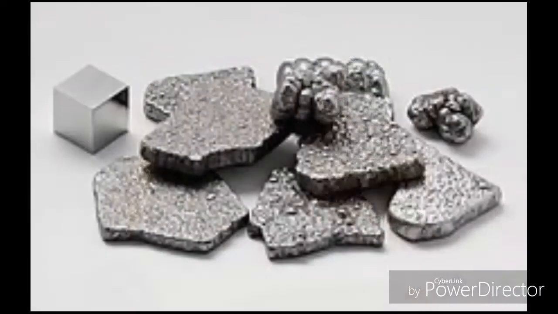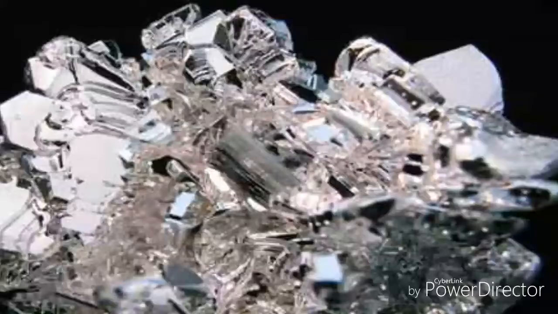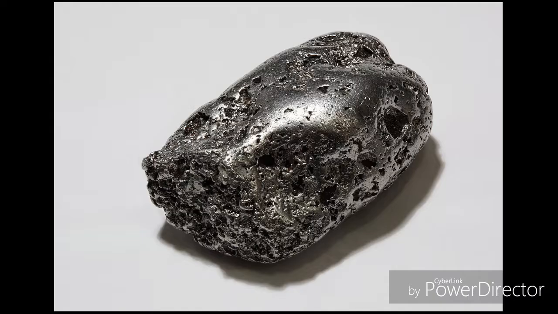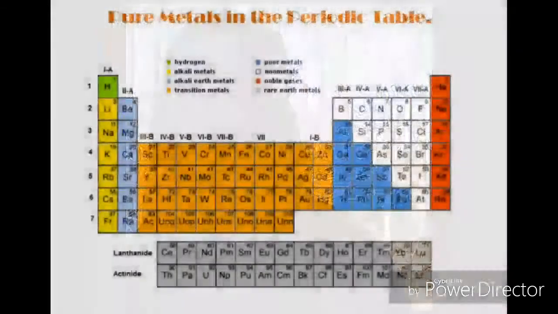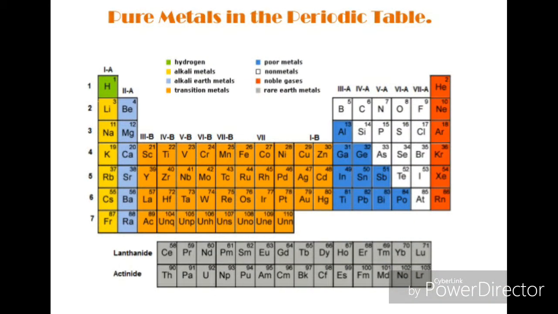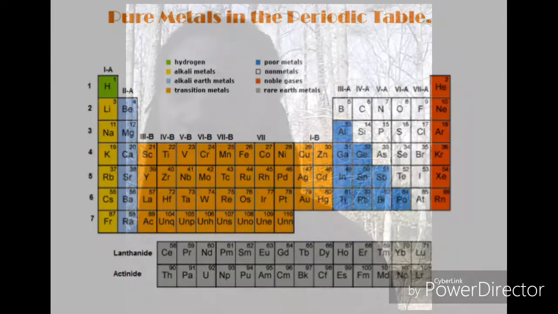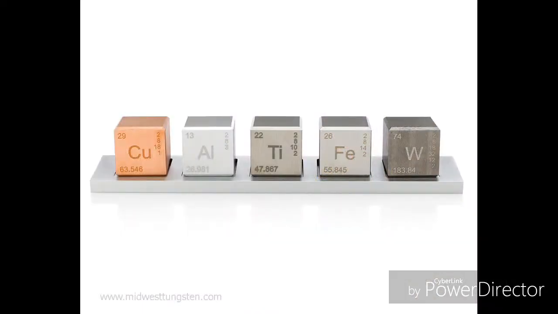Okay, here's a list of metals and metallic alloys on the periodic table of elements, showing you their chemical composition as well as their color and appearance. Gold, Au, atomic number 79, and of course it's gold.